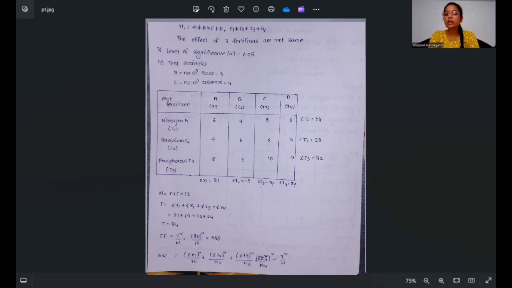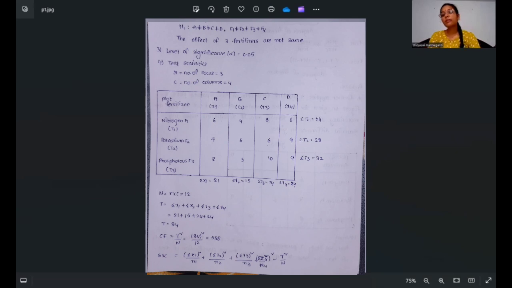Where the plots A, B, C, D are equal, and the fertilizers F1, F2, F3 are equal, then the null hypothesis is accepted, that is, the effect of the three fertilizers is the same. While coming to the alternative hypothesis, if the plots A, B, C, D are not equal, and the fertilizers F1, F2, F3 are not equal, then we say that the effect of the three fertilizers is not the same.